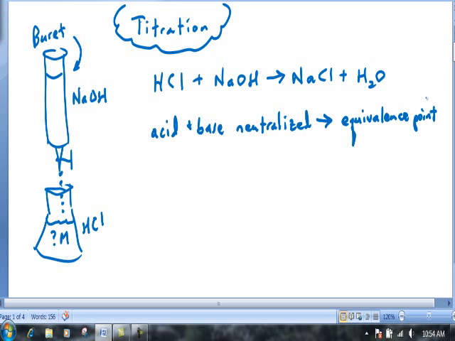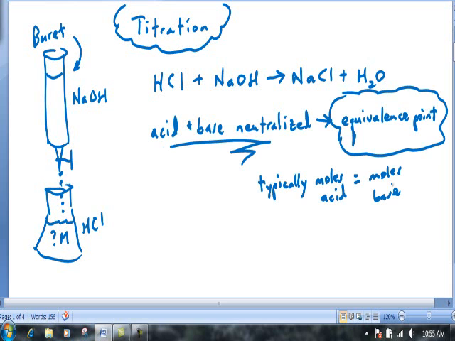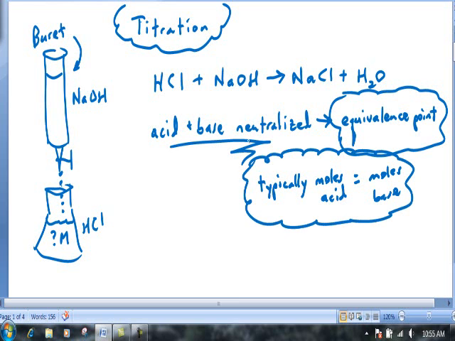In titration terminology, once the acid and base have been neutralized, this is referred to as the equivalence point. Typically, at the equivalence point, the moles of acid are equal to the moles of base. This would be true in a reaction such as the HCl and NaOH, where they react in a 1-to-1 ratio.